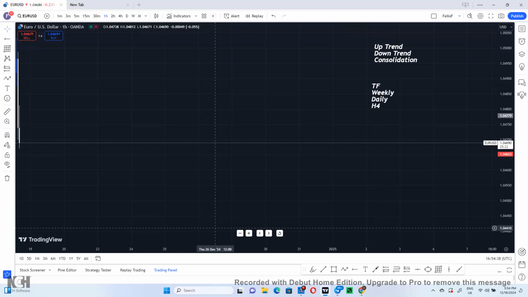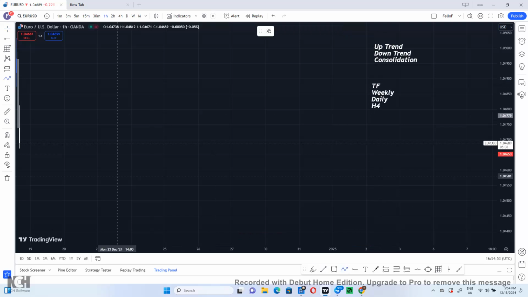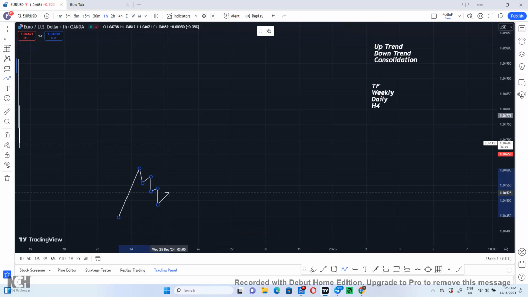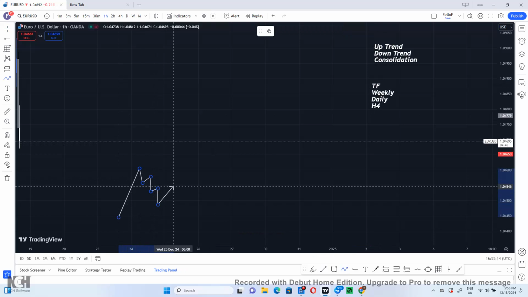Now, let's forget about entries. Let's just talk about top-down analysis, because this is simple price action we're talking about. So what you have to do is make sure two time frames are in sync. So I want to ask you a question. Looking at this, because this is exactly what we see every day on the charts.